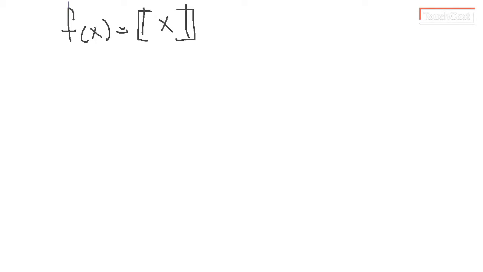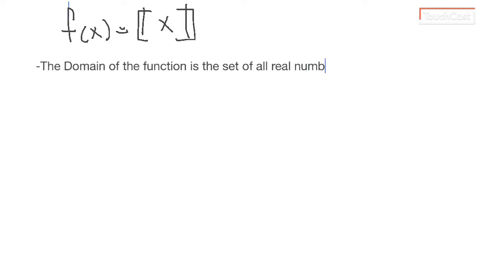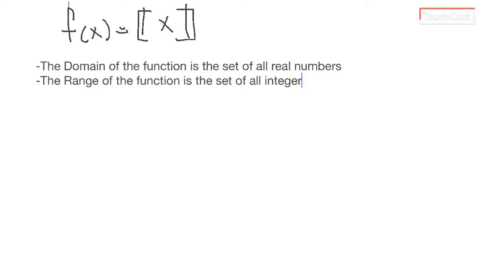Some characteristics of this function are that the domain of the function is the set of all real numbers, and the range of the function is the set of all integers.